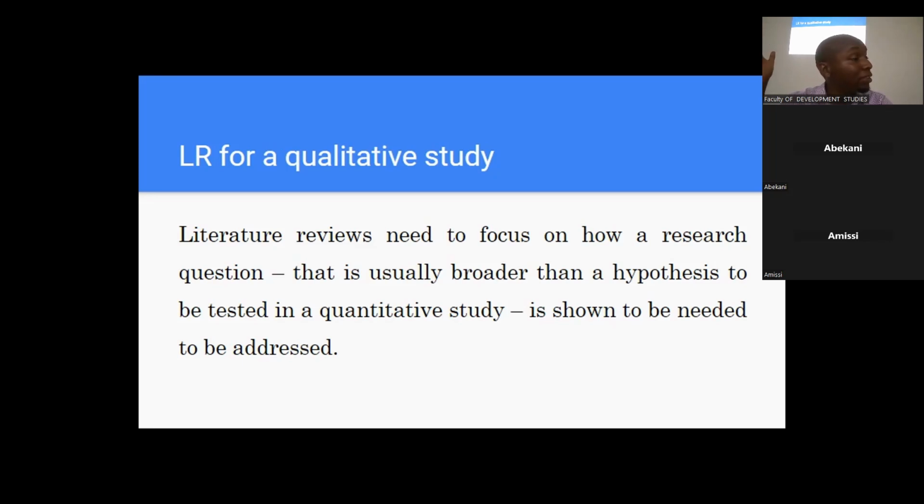That's a hypothesis. But for qualitative, it's not a hypothesis, it's a research question that you will show is pertinent, relevant, important to be addressed. So instead of only focusing on a small hypothesis, you should focus on a broader research question. Okay?